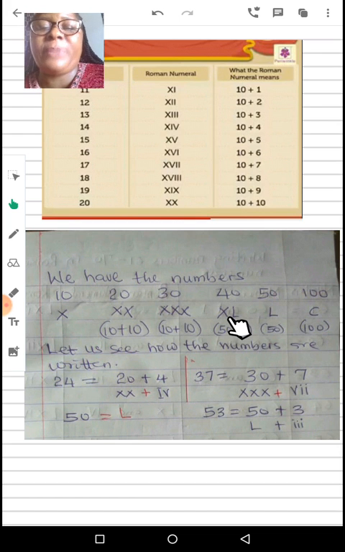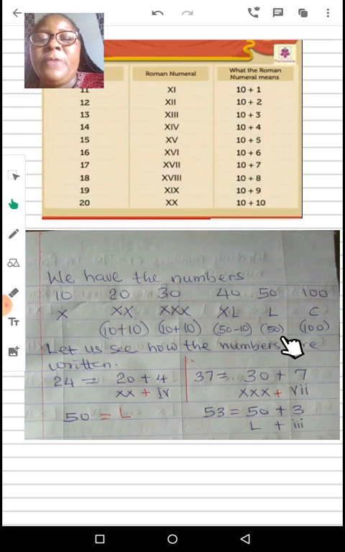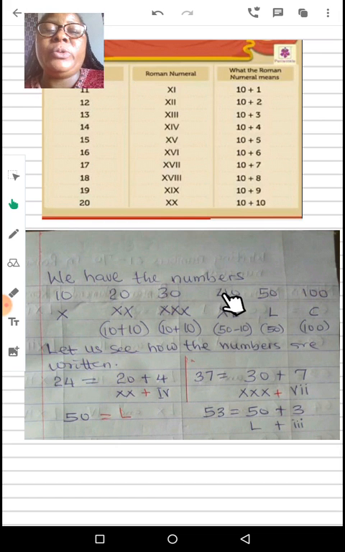I've explained this 40 before. I told you that when a smaller number comes in front of the bigger number, you take away. 50 is L. So to get 40, you say 50 take away 10, that is XL. Anywhere you see 40, call it XL.